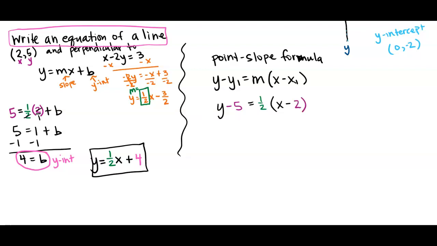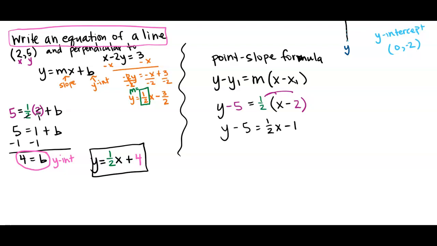Then basically you're just rearranging this. You've got to distribute that through. So I get y minus 5 equals 1/2 x, and then you distribute that through: 1/2 times negative 2 is a negative 1.